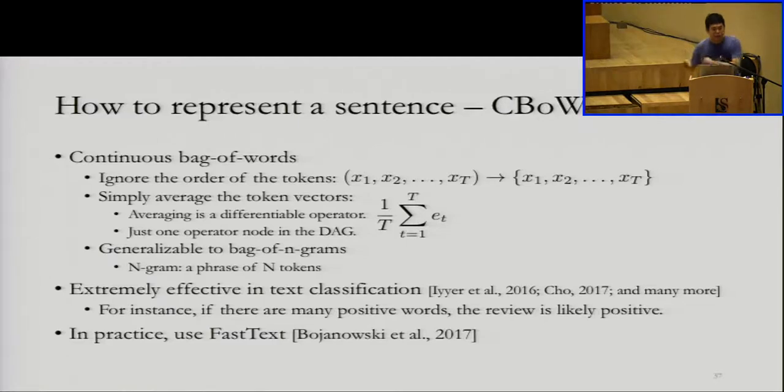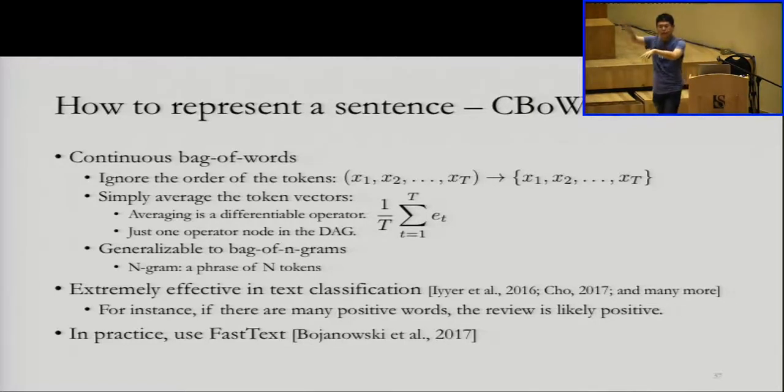So we can just plug it into whatever directed acyclic graph you're making. We start from the sequence of tokens, turn it into a sequence of vectors, add in the averaging operator, then have some arbitrary directed acyclic graph, and then you add in the softmax, and you get a text classifier. It's extremely effective in text classification.